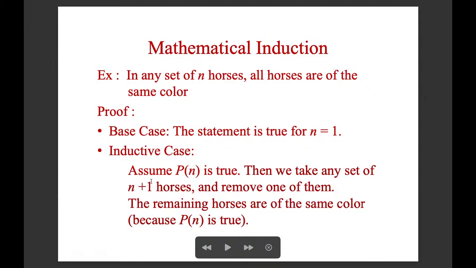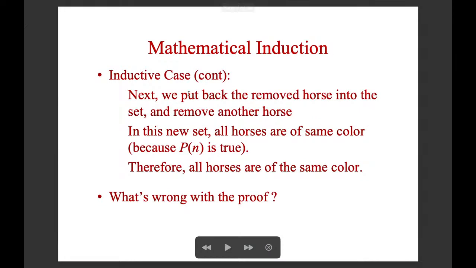So first of all, from n plus 1 horses, we can take away 1 so that we have n horses remaining. And because of the assumption that Pn is true, we know that after we take out one horse, all the remaining horses are of the same color. And what is next? Next, we are going to put back the removed horse and then take away another horse instead. Now this time, after we put this back and take away another one, the resulting group will also have n horses only.